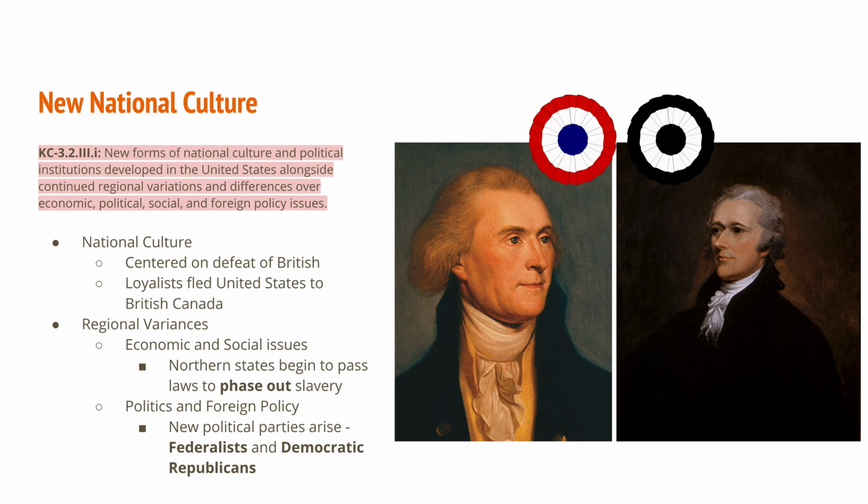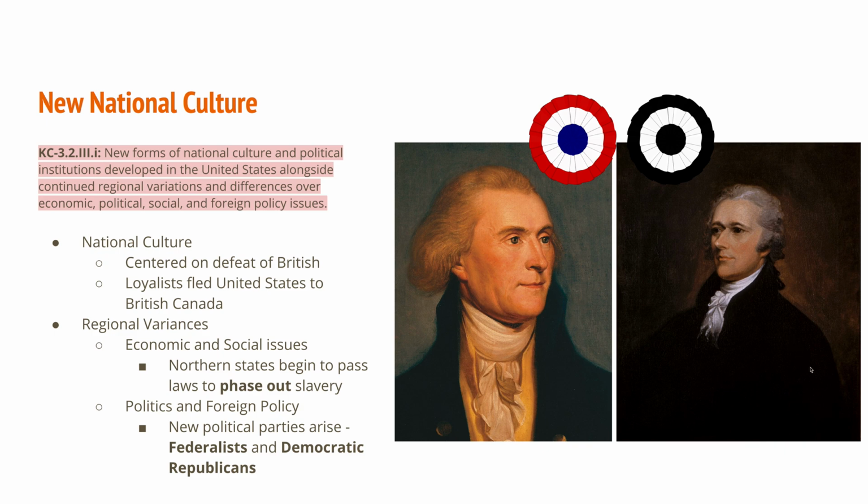The loyalists, who were also colonists, who were supporting Britain, most of them left at the end of the revolution. And so this new American culture was based on their antagonism to centralized power. There were regional differences that developed amongst the new states, and there were economic and social issues that led to these differences.